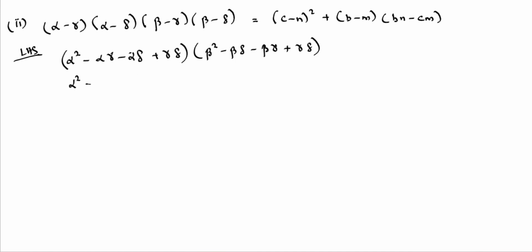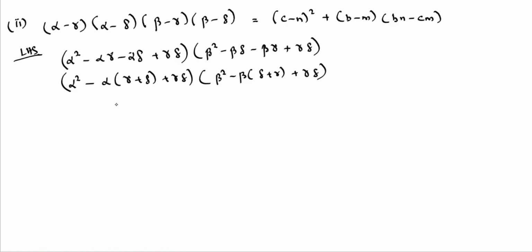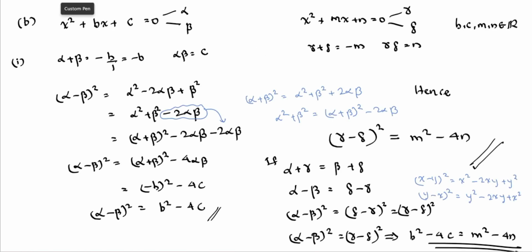You can take minus alpha out, you will have gamma plus delta, plus gamma delta. Beta also, take minus beta out, delta plus gamma, plus this, like this. But you already know from this part that alpha beta is c, alpha plus beta is minus b, and gamma delta is minus m and n.